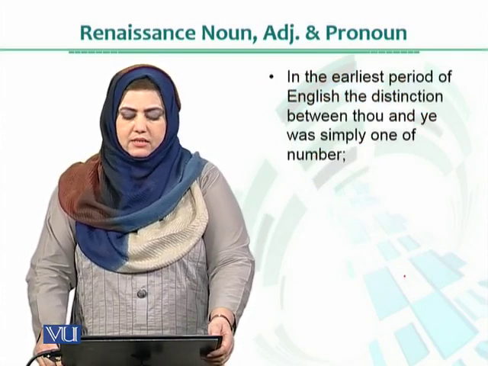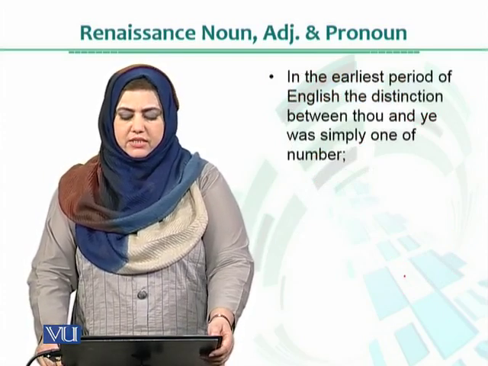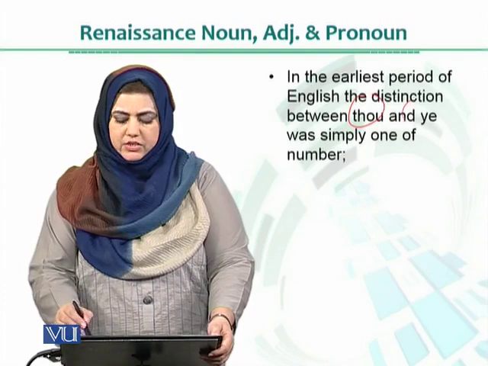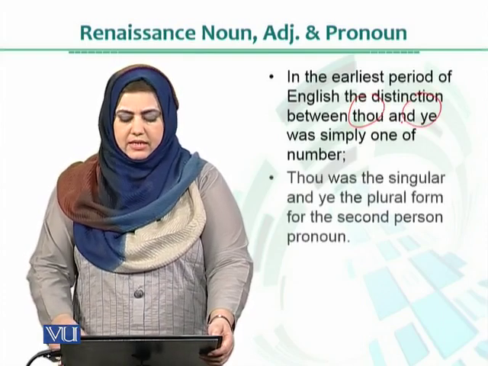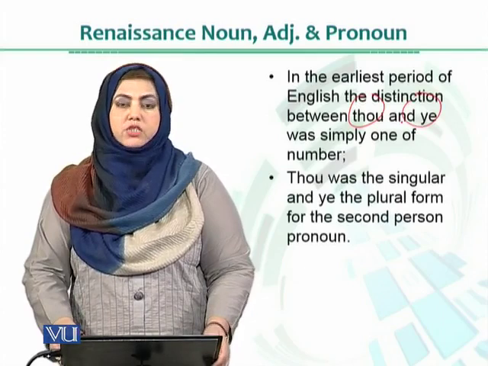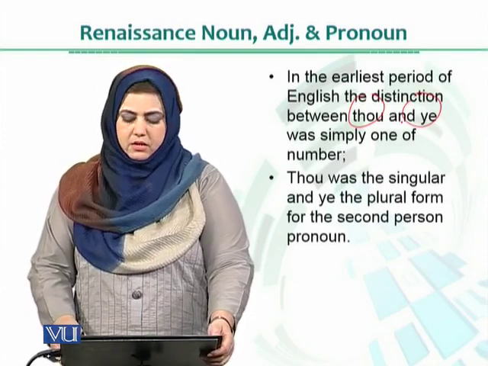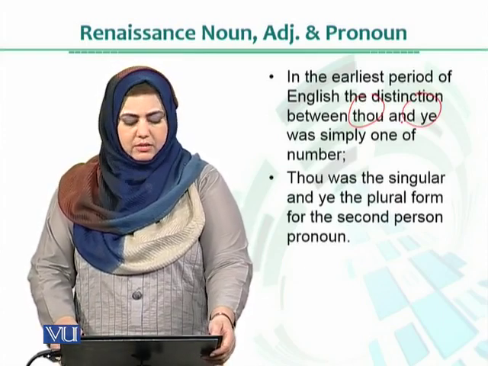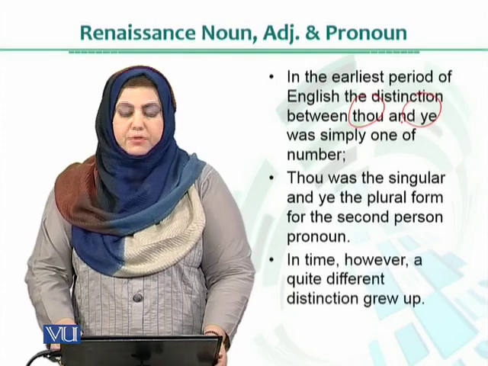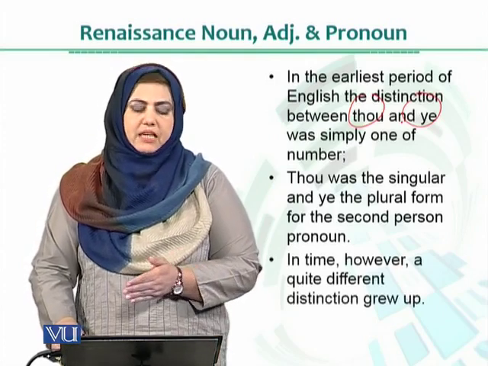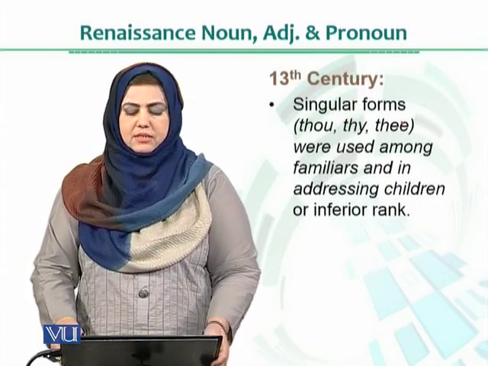In the earlier period of English history, this distinction between thou and ye was simply one of number: ye was used for the plural, thou was used otherwise. However, with the passing of time, this distinction disappeared.